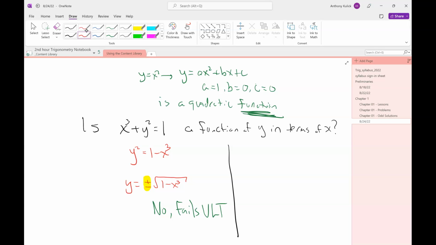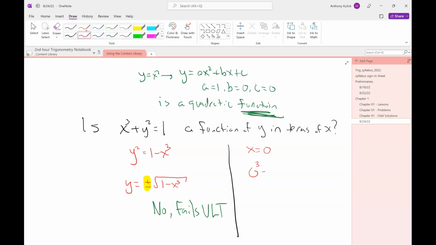So the other approach you could have taken is to look for a value of x that could have more than one y that still satisfies this equation. In this case, there are infinitely many of them, but the easiest one, I think, is if x is equal to 0.